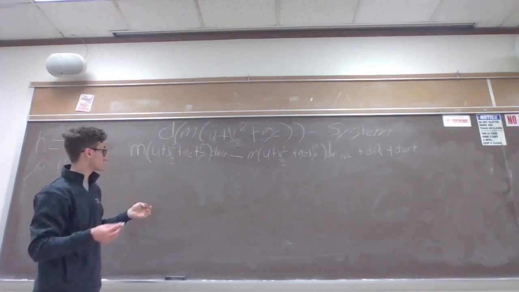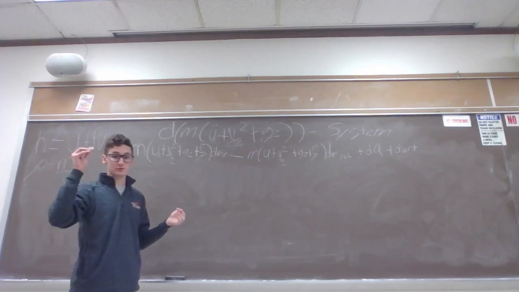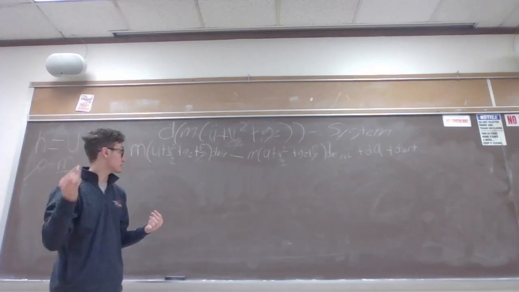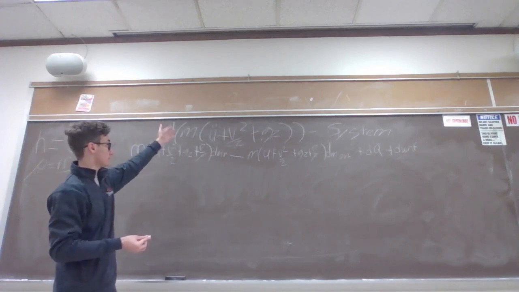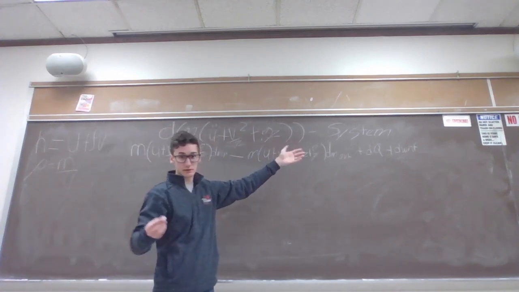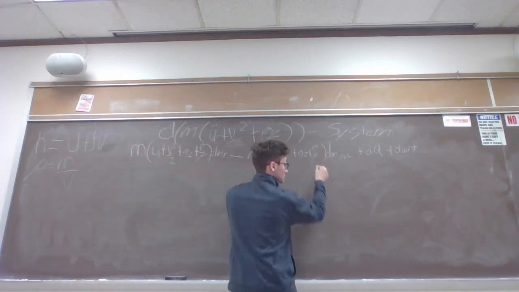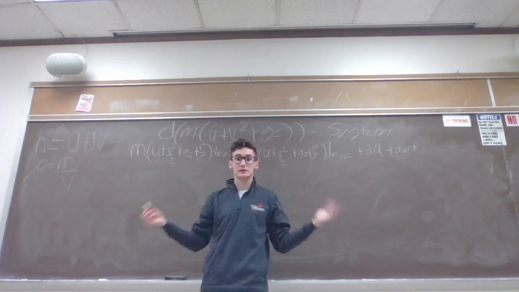For Bernoulli's, it has to be at steady state. For being at steady state, that means that the differential of the mass of our system is 0. It means there's going to be this minus this plus this equals 0.